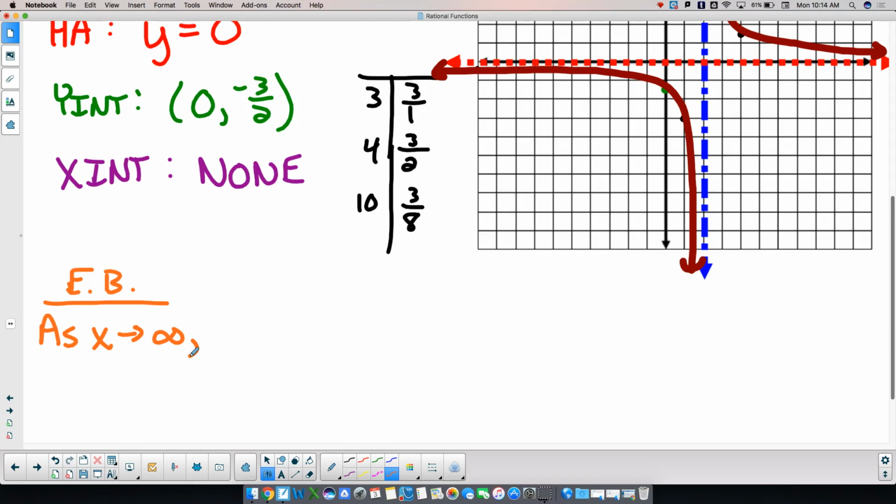So as x on the right side of my graph is going to infinity, what's my function doing? Is it always going to be 0? Not necessarily. What's the function doing on the right side of this graph?